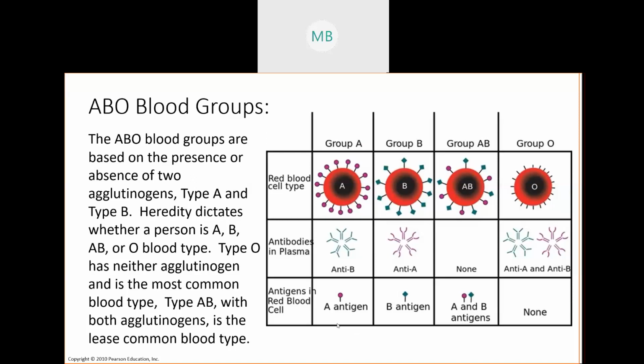This could be detrimental if you do a bad blood transfusion, because these antibodies are literally clotting the blood cells that they can fit onto and attach onto. And they also flag them for your immune system to full on attack.